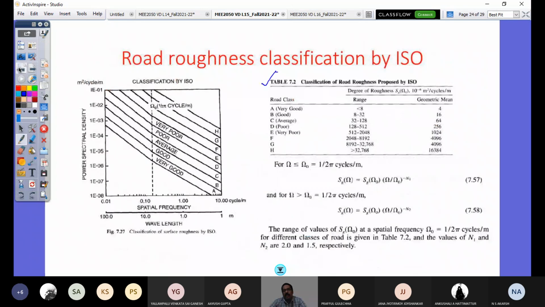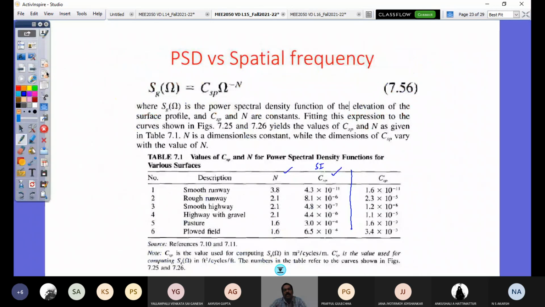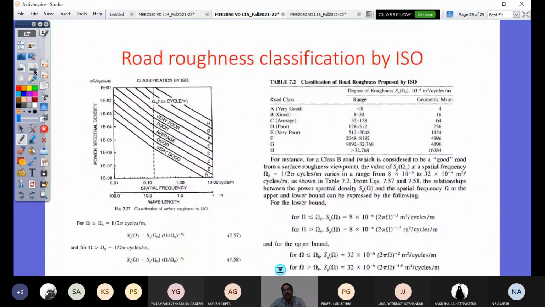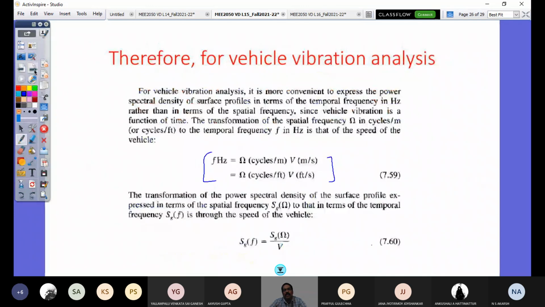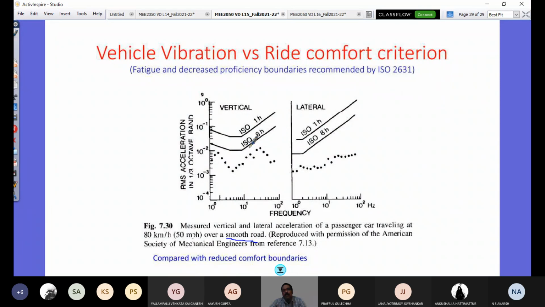You see there is a smooth highway referred to here, so you can take either this or ISO roughness values. When that is done, your RMS acceleration calculation falls below the value recommended for reduced comfort boundaries, and that says that a good ride is achieved.